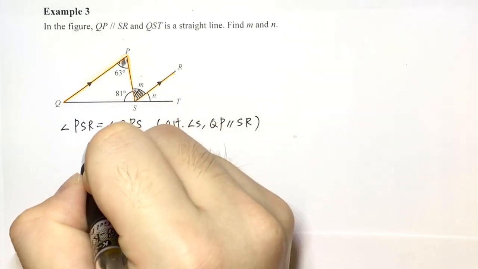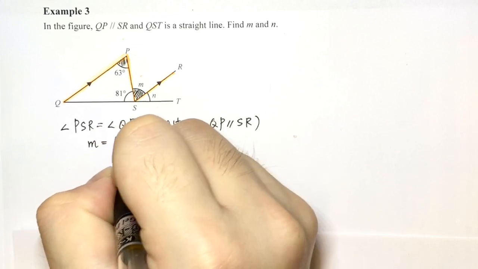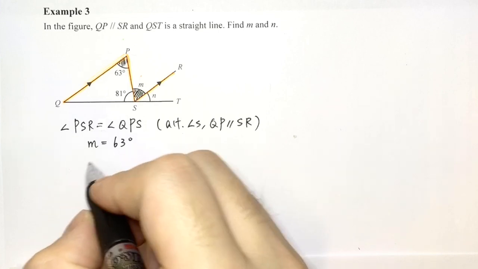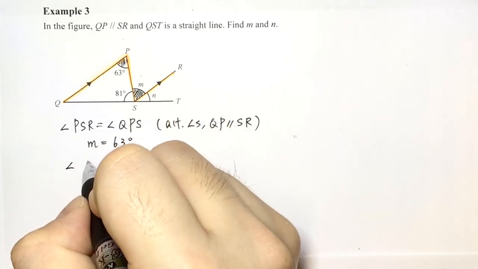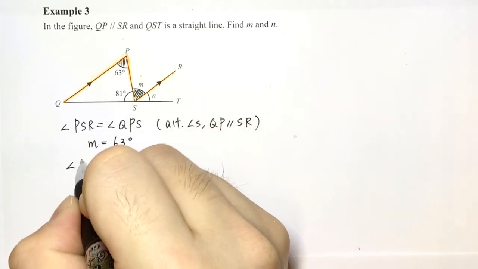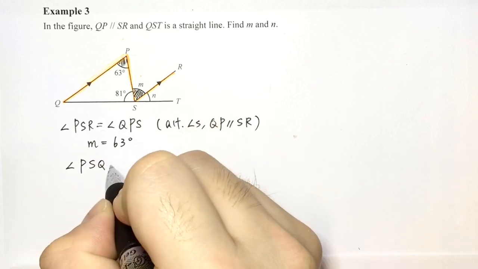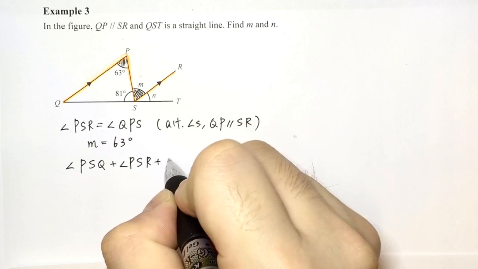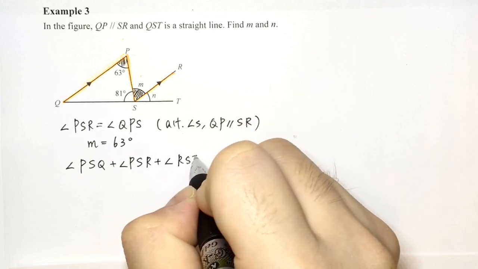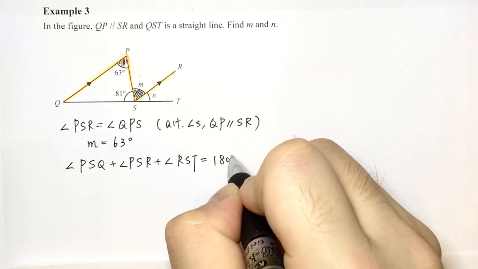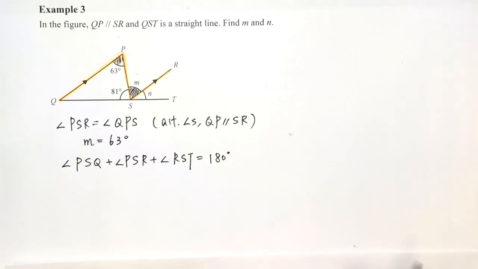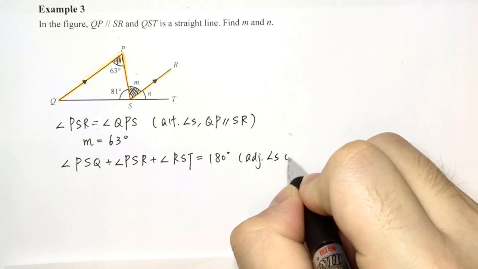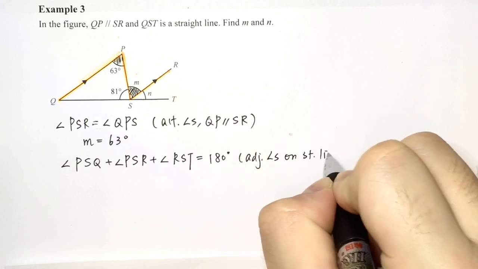Okay, and so here we have M is 63 degrees. And we have angle PSQ together with PSR and RST. The sum is 180 degrees, with reference adjacent angles on a straight line.